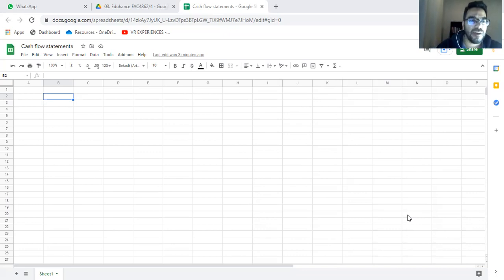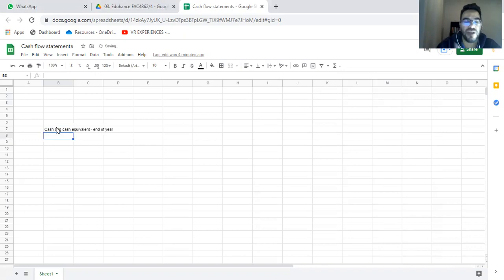So remember, right at the bottom, we will see the following. What do we see right at the bottom? Cash and cash equivalents, and this is basically end of year or end of the period.